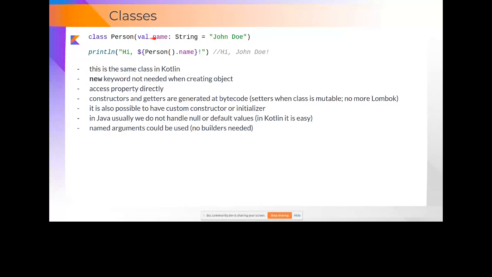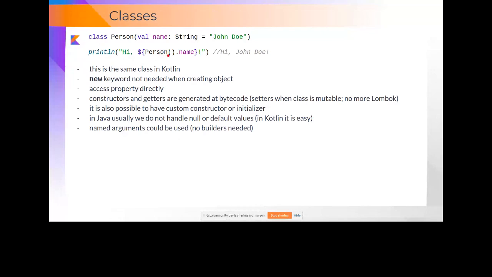But it comes out of the box with Kotlin. And to avoid a lot of boilerplate code in Java, we use Project Lombok. It also can generate this stuff like getters, setters, and constructors. But when you use Kotlin, you don't need to, because everything is out of the box with the language.